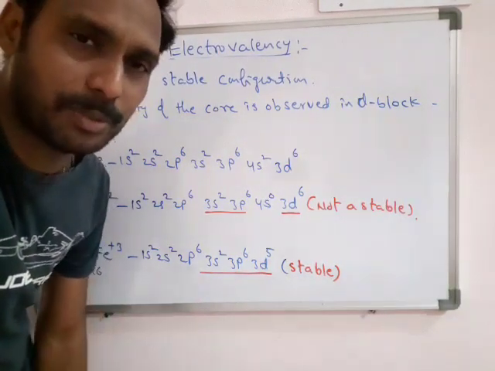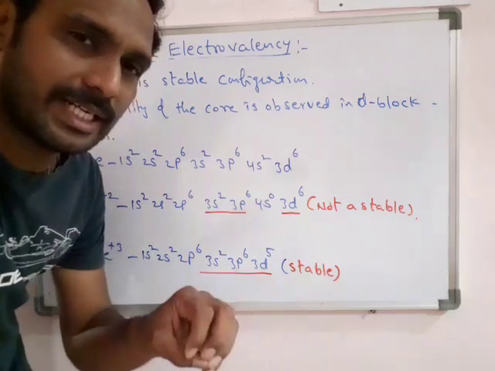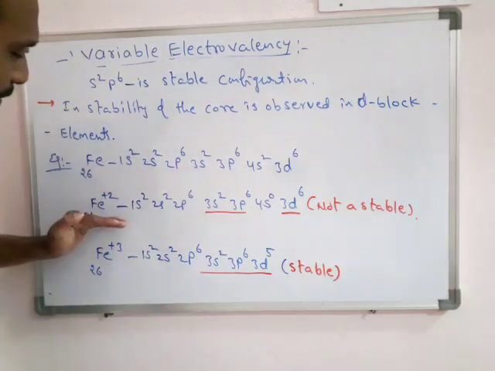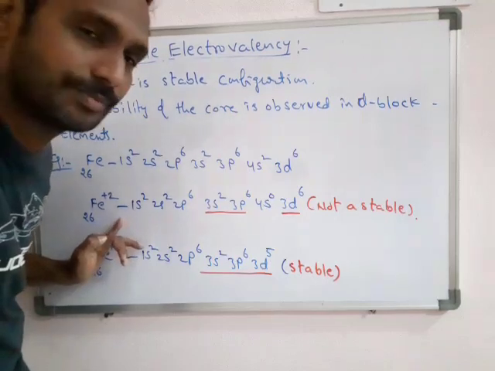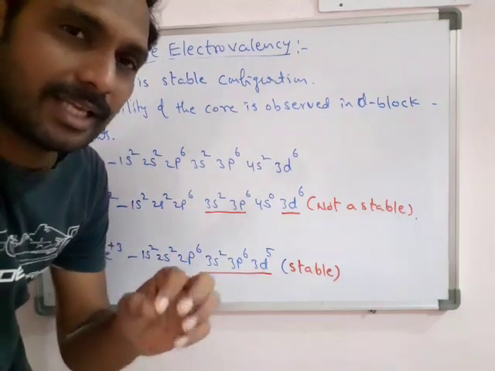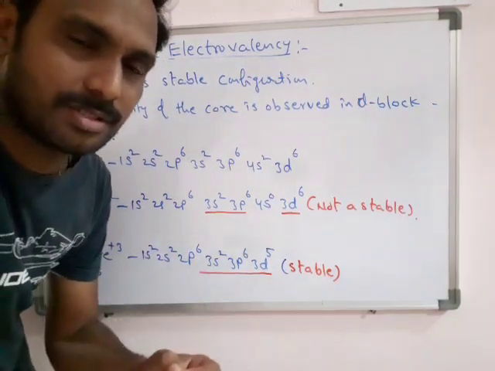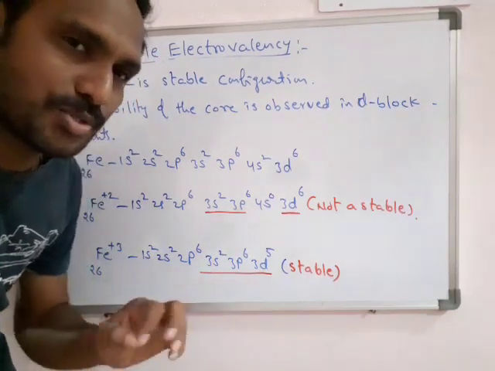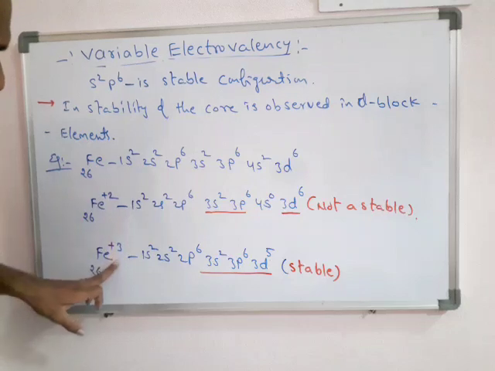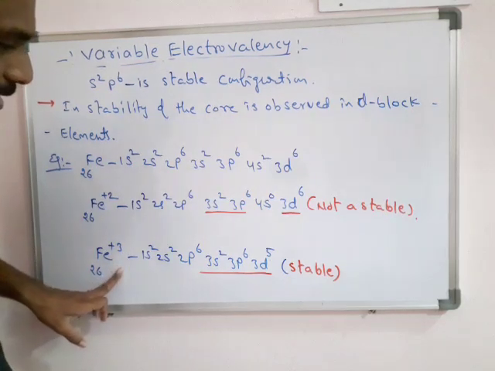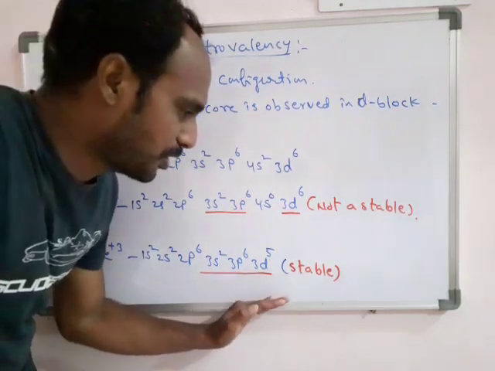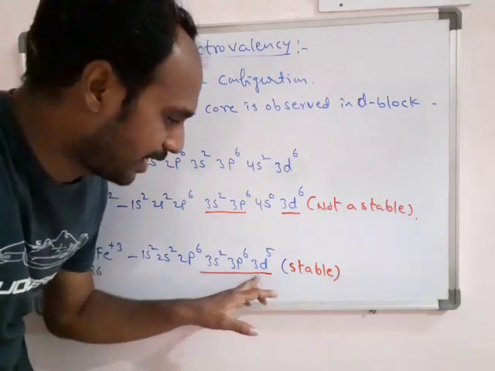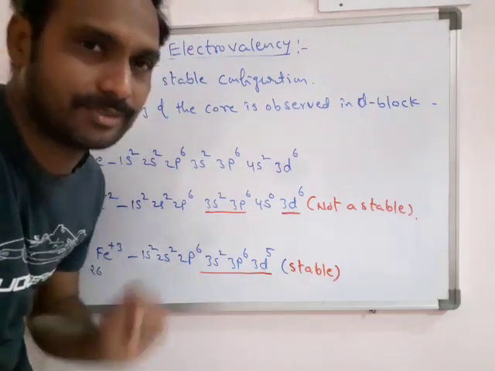So based on the conditions, iron may be present as Fe+2, but if it is possible, iron always wants to get the Fe+3 position, because in the Fe+3 position it gets stability by getting a half filled configuration.